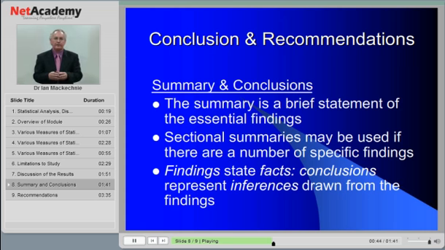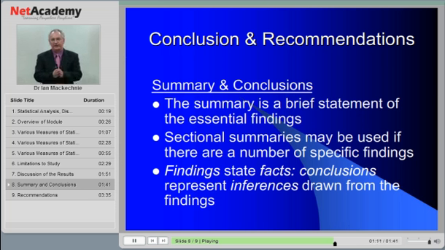Now remember that findings state facts. We said before that the findings section is factually looking at what the data says. Now in your conclusion section you will be drawing inferences, you'll be drawing some sort of ideas, some sort of implications from your findings.